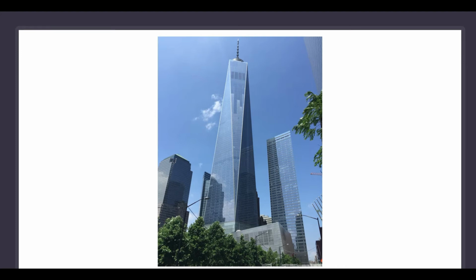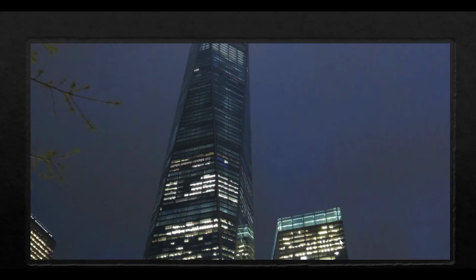Now if I show it some other images of the World Trade Center, the Custom Vision service should be able to recognize it. This is an image showing a night view of the World Trade Center, and your model should recognize that, and it gives you a confidence, whether it is 97% confident, 80% confident, or 50% confident in the result.